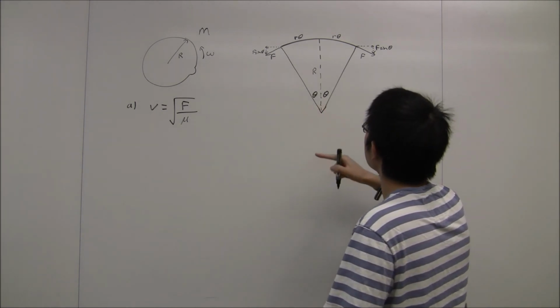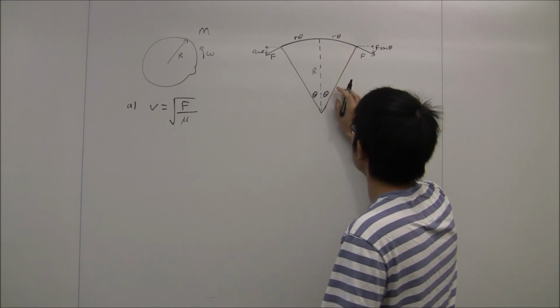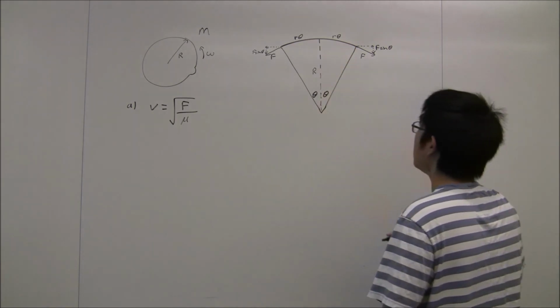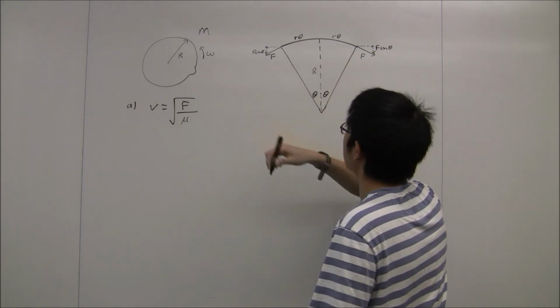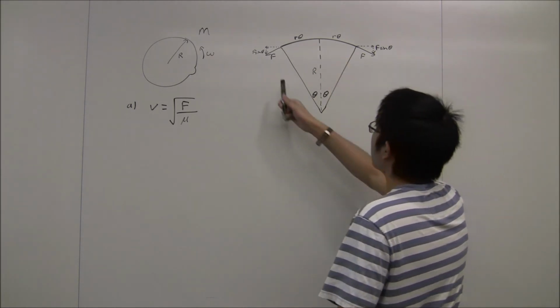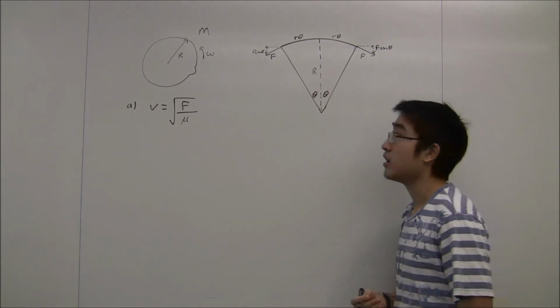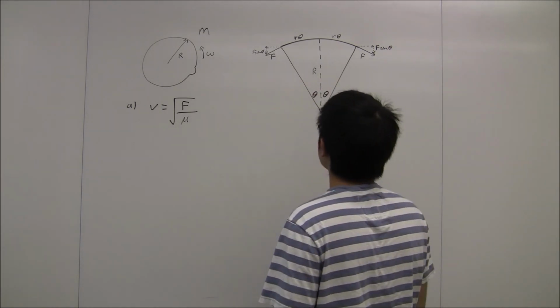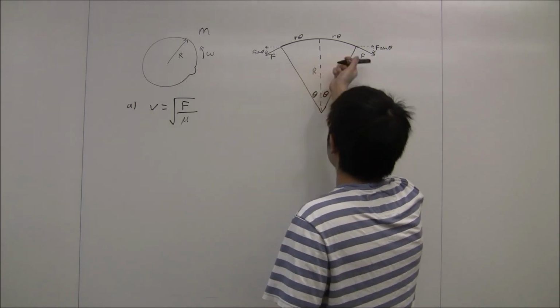So here we've got the loop, which is subtending a total angle 2 theta, and there's a distance big R away from the center of the loop. Now for small theta, the tension force on each side of the isolated segment is going to be equal, which means that the horizontal components cancel out.